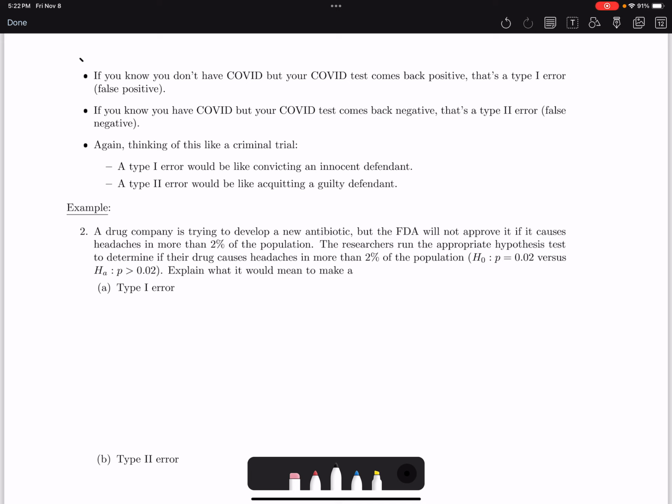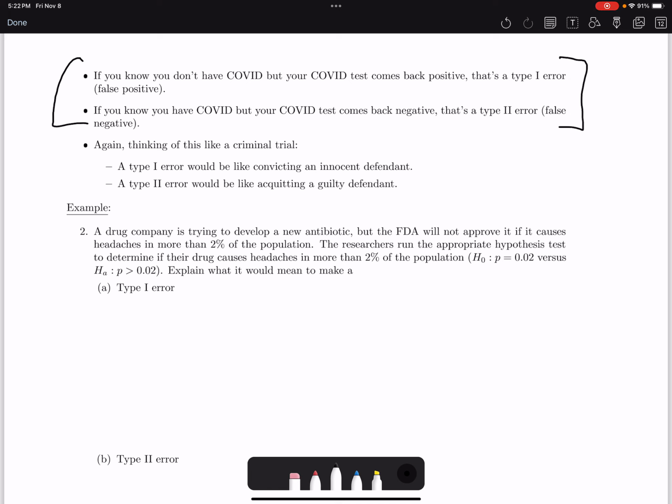Okay, so I've already talked about these examples about false negatives and false positives. Another way to think about it is, again, in terms of a criminal trial, right? A type 1 error would be like convicting an innocent defendant, which I think we can agree would be a horrible thing to do. You don't want to put an innocent person behind bars or fine them or whatever. A type 2 error, on the other hand, would be like acquitting a guilty defendant, which is also bad, right?